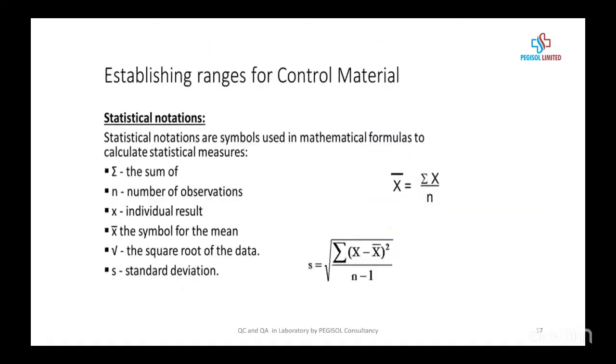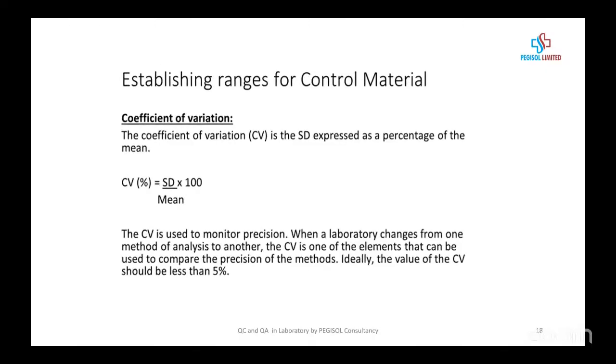So let's look at establishing of quality control materials. You don't actually need all these formulas, but let me just go through them. So this is the standard deviation formula: the square root of the summation of x minus x bar all squared, divided by n minus 1. The formula for coefficient of variation is standard deviation over mean times 100%.